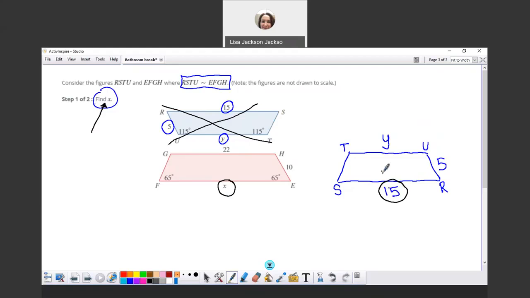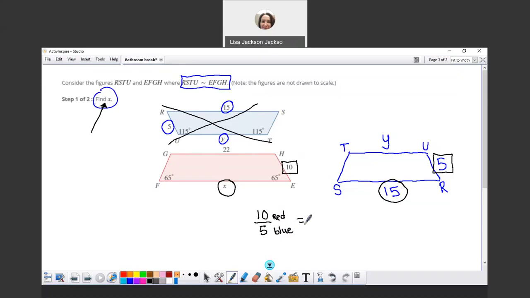I need numbers for both. And that is this side here, the matching 10 and 5. I can set these up in any order I want as long as I'm consistent. If I choose to write 10 over 5, which is what I just said, so I'm going to do it that way. Then I wrote the 10 from the red trapezoid with the matching 5 from the blue trapezoid.